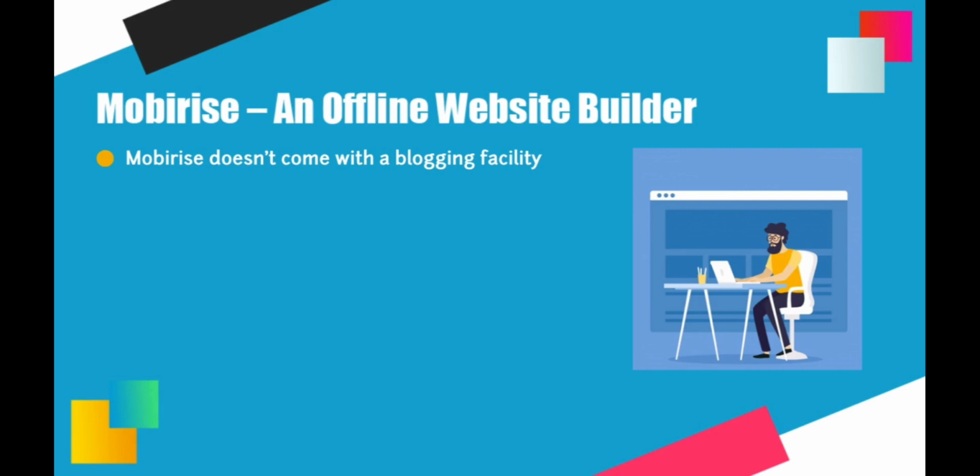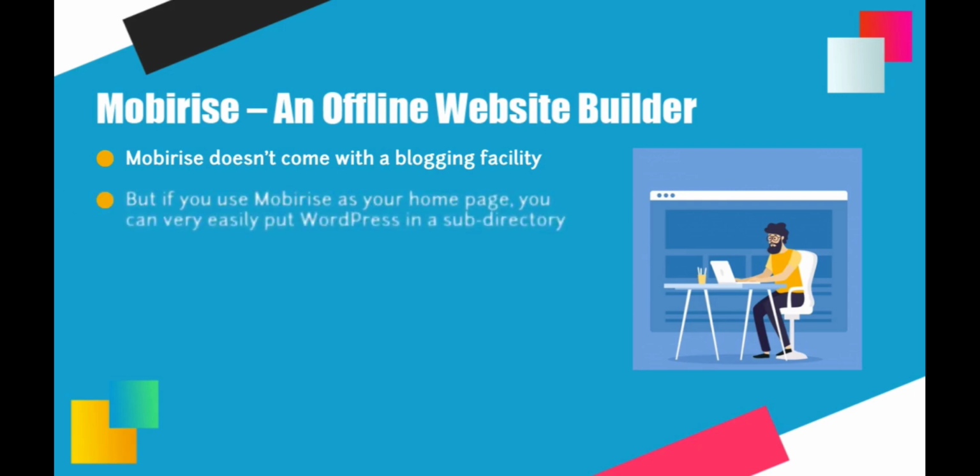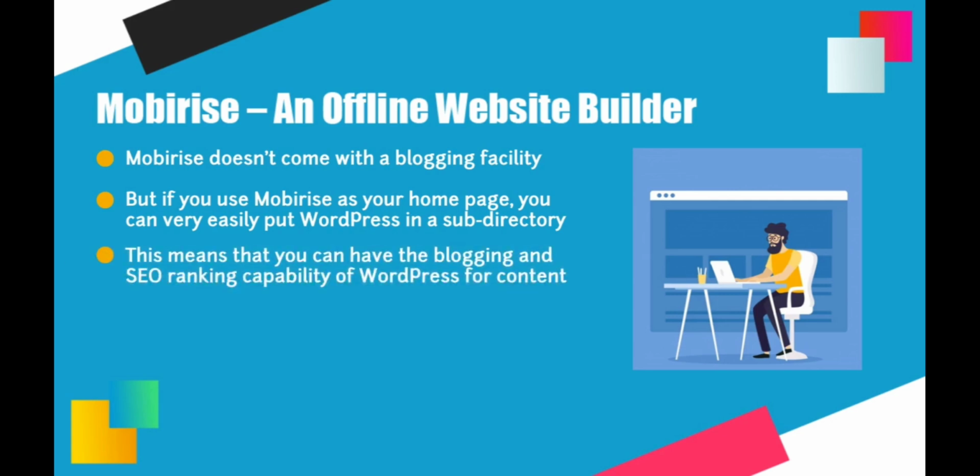Now, if that is the case, and that's a very smart way of being able to do things, you can very easily put WordPress in a subdirectory, right? So in other words, what you can do is you can have the blogging and the SEO ranking capability of WordPress for content, right? So you can have that. At the same time, you can maintain your blog, right?